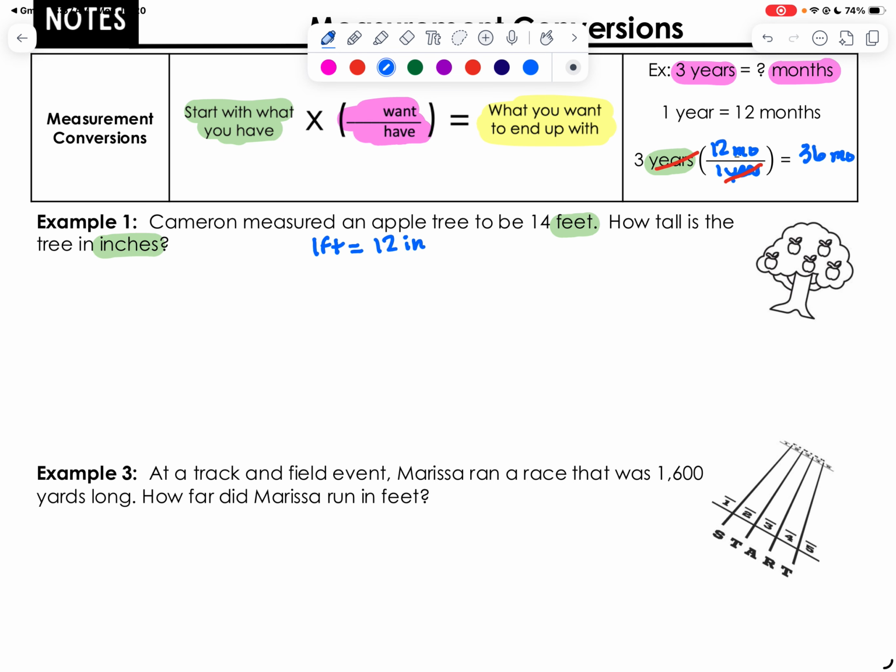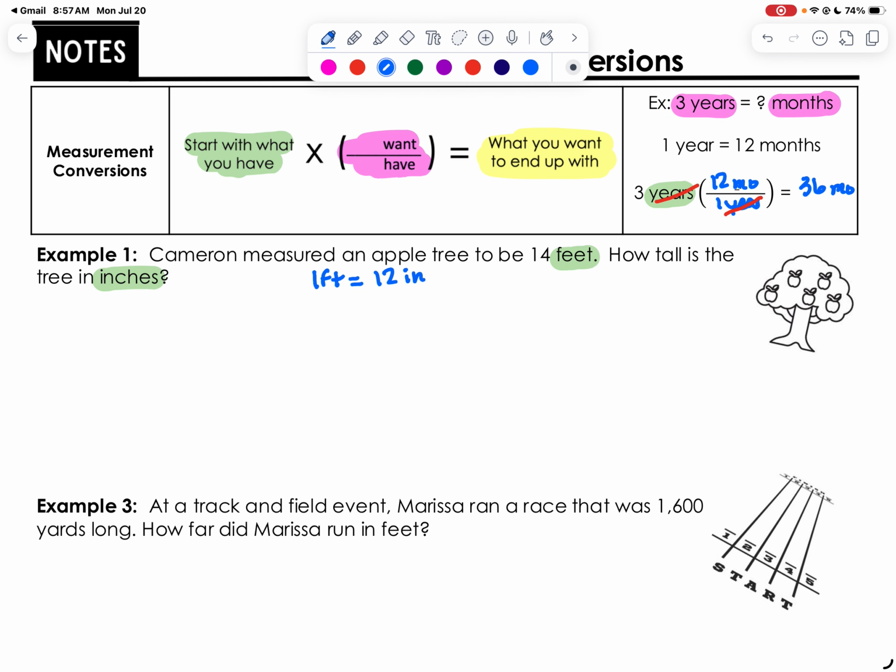You always start with your unit rate, all right? Now, we're going to use this formula at the top of the page. It says start with what you have. Well, we were given 14 feet. Then you're going to multiply by your unit rate. So I want you to notice that we were given feet, so feet must go in the denominator. And the 12 inches in this case would go in the numerator, okay?